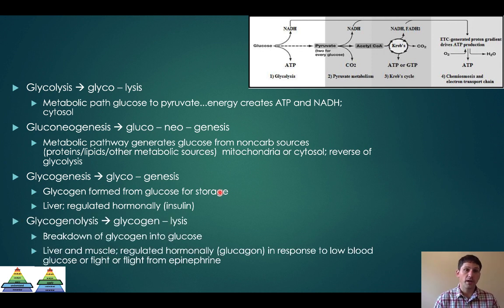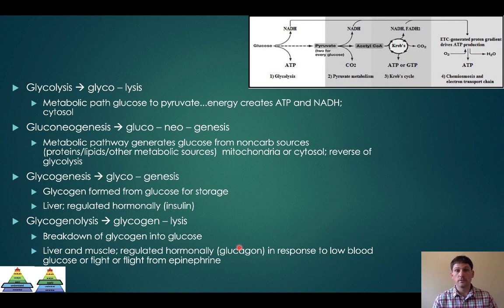And then last, we have glycogenolysis, so glycogen lysis. So basically, we are breaking down glycogen into glucose. So this happens in the liver and muscles, and again is regulated with glucagon.